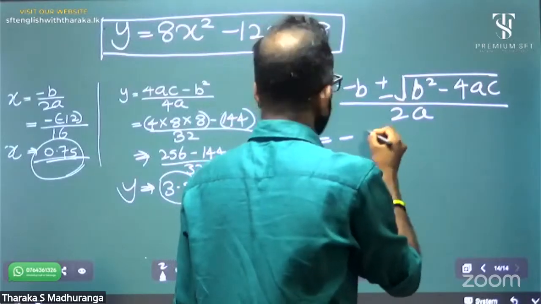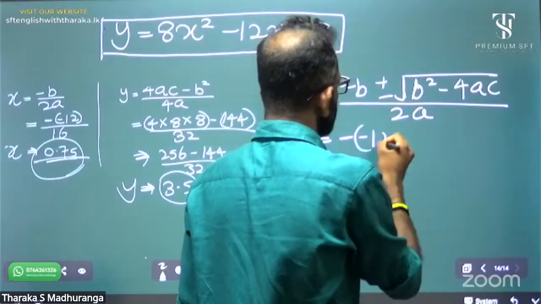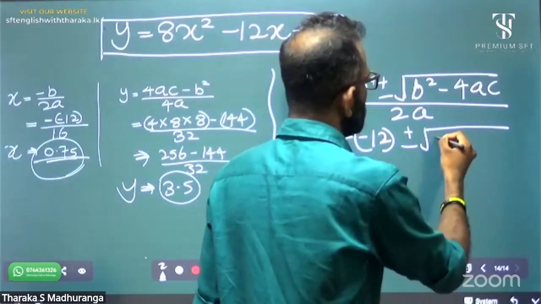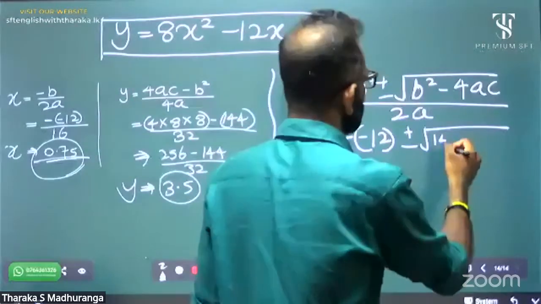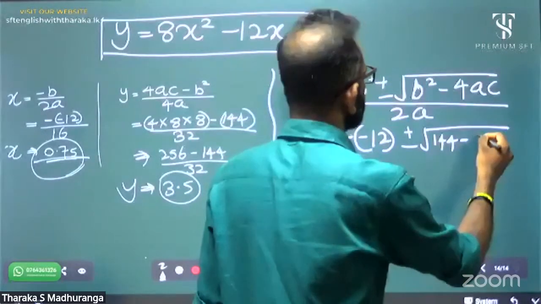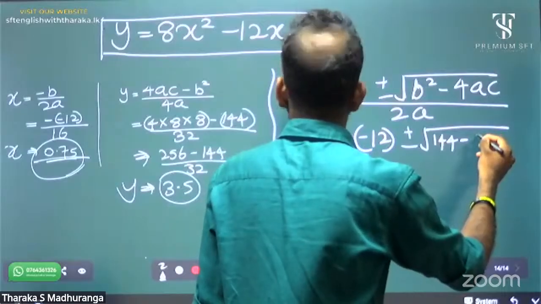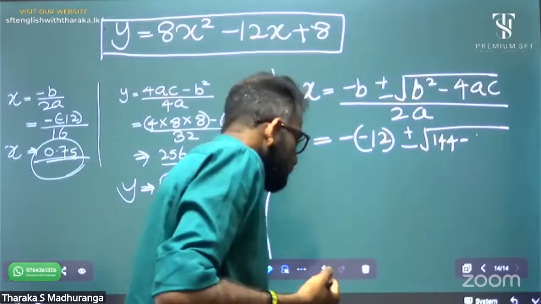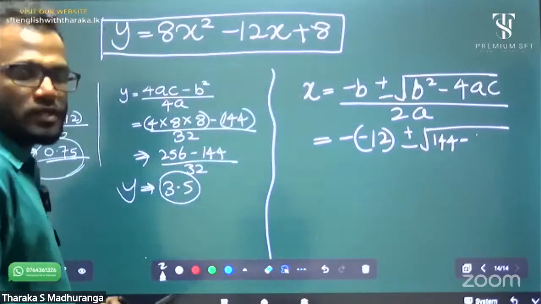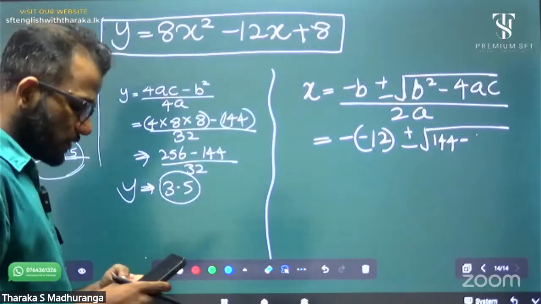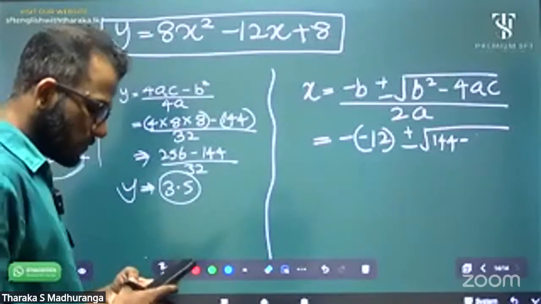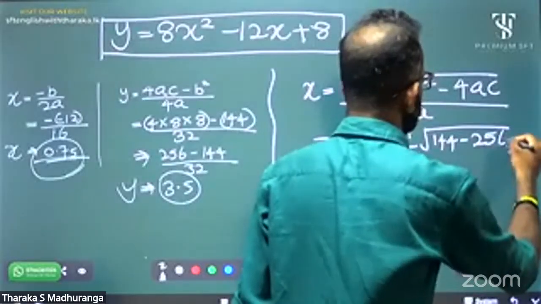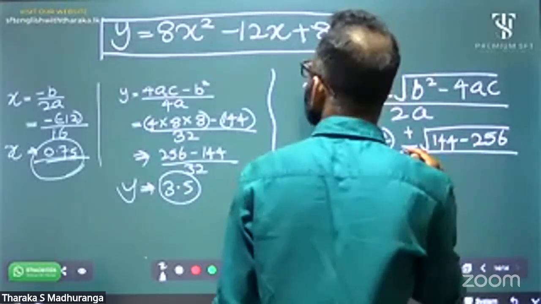Minus B means minus 12, plus or minus B squared, which is 144, minus 4AC. 4 into A is 32, 32 into 8 is 256. Over 2A means 16.